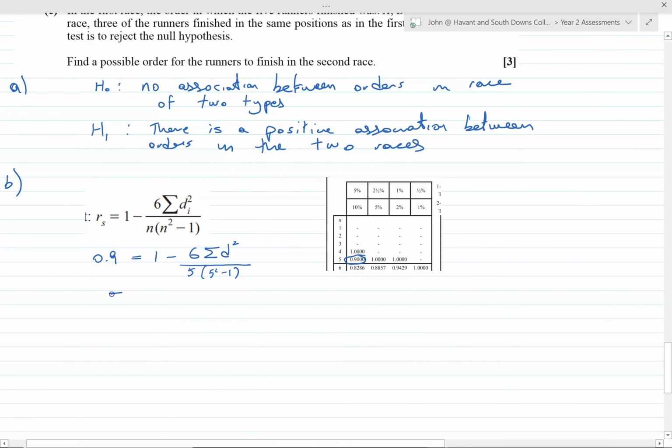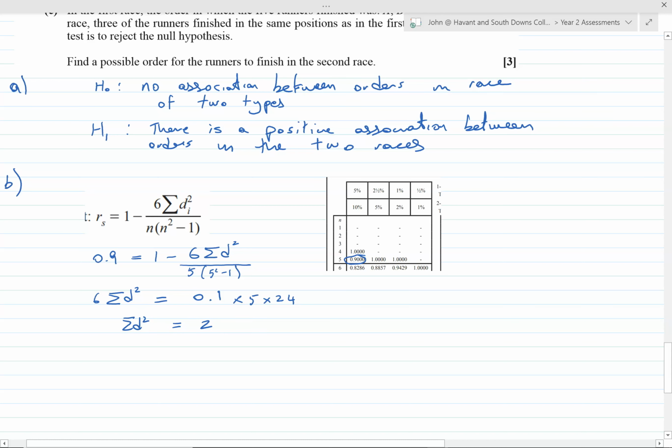We can rearrange that and get 6 sigma d squared is equal to 0.1 times what these two multiply to, so that's 5 times 24. So that gives us sigma d squared equals 2, which is not too bad.